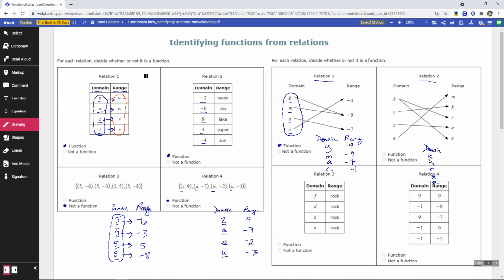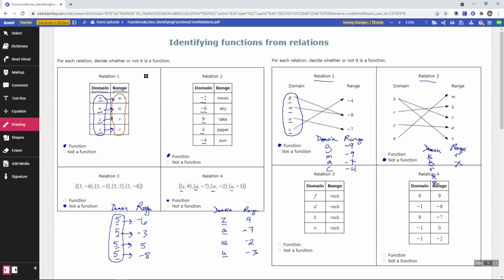In our range, k has r as one of its values for the range. K also has x for one of its values as a range. And because we have two elements in the domain that are the same with two different values for the range, that means that it's not a function.